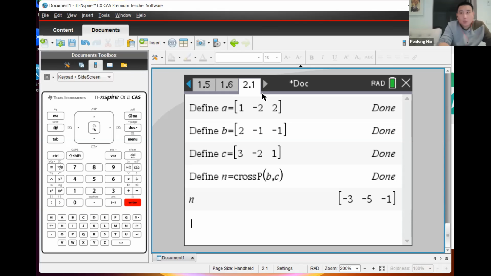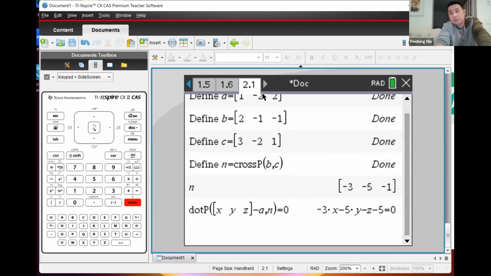And then what I'm trying to do is another operation could be dot P, x, y, z minus A, comma, N equals to 0. So this is how you use your CAS calculator to determine the Cartesian equation of the plane.